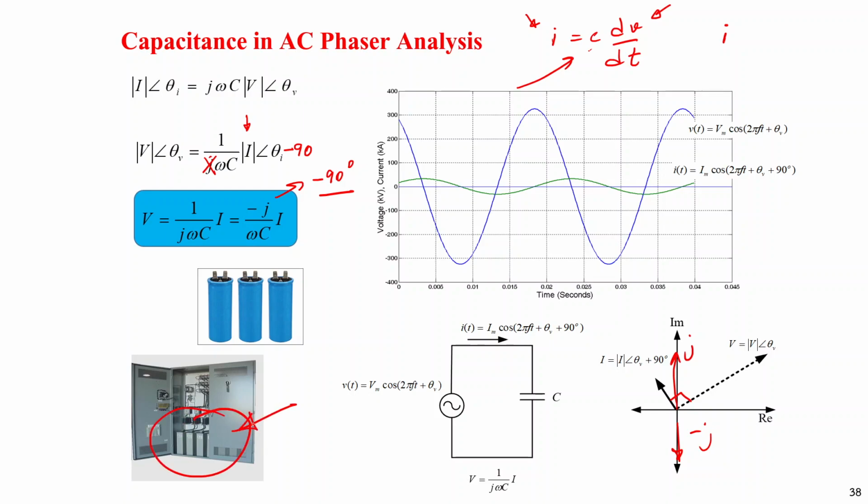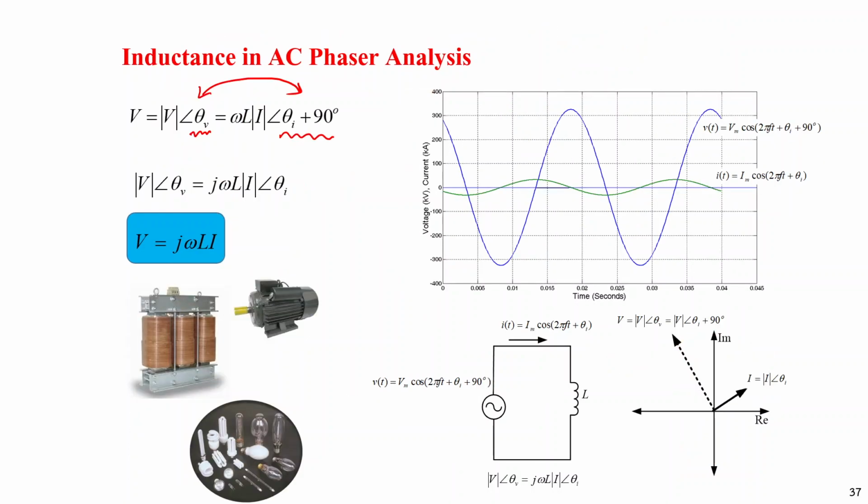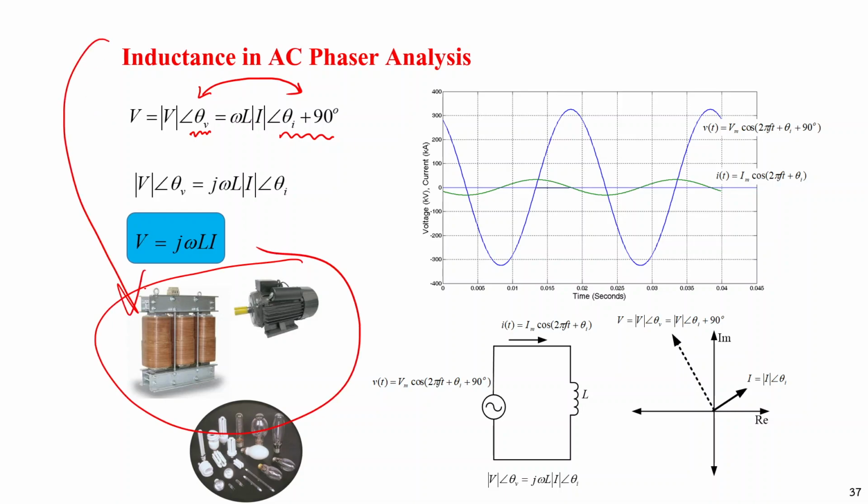They use the capacitor in their factory to decrease the phase shift between current and voltage, because the loads in the factory have a lot of inductive load. If we have so many inductive loads, it will make the current lag voltage too much, right? And it will come out with one factor we call power factor.